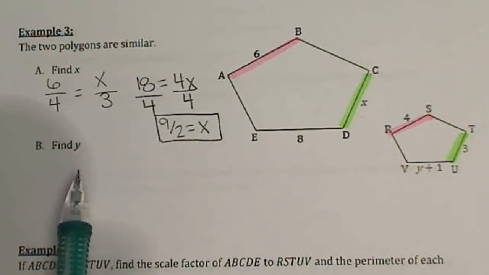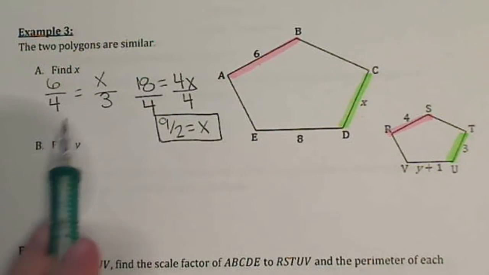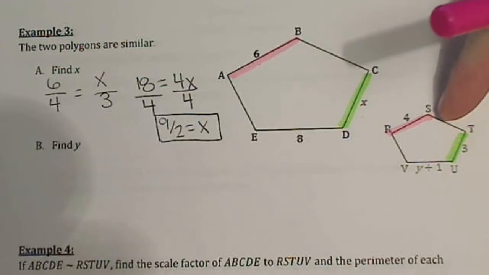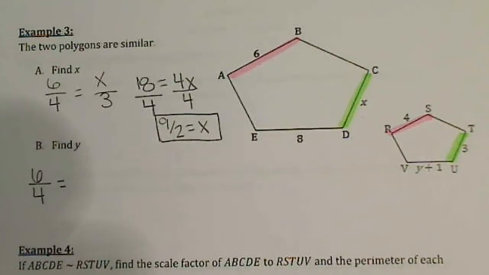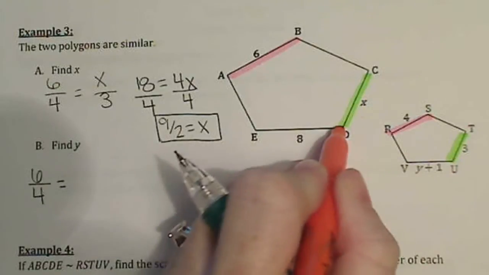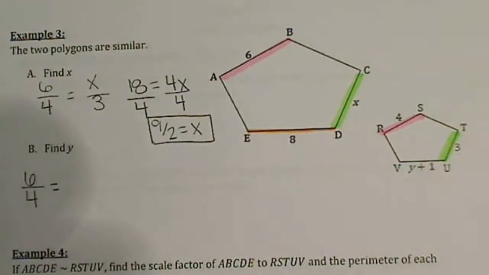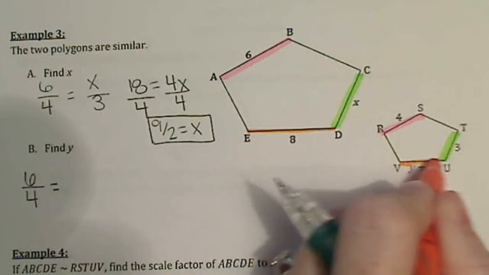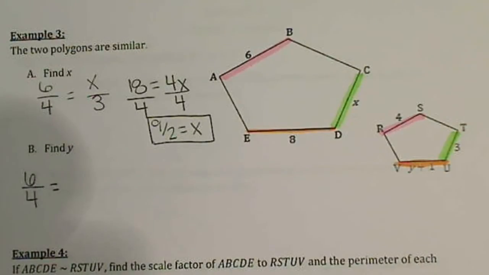Okay, I also need to find y. So I'm going to stick with this same starting ratio of 6 to 4. But to find y, that's this bottom side, ED. ED corresponds down here to VU.